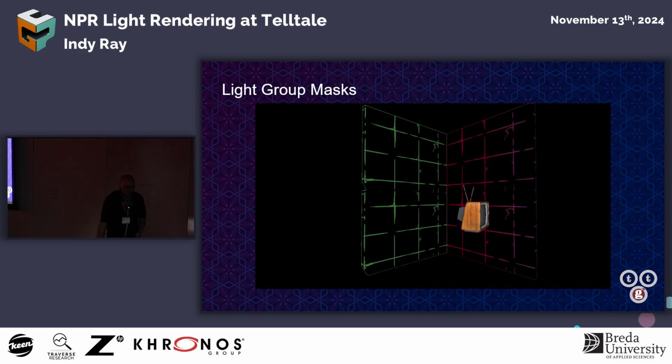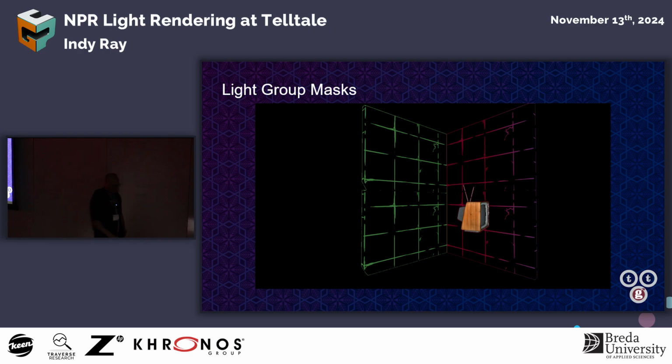So in this scene, we have a TV, obviously, and we have two walls. One wall has a light group applied to it that allows only the green outlines on it. The other has red outlines.